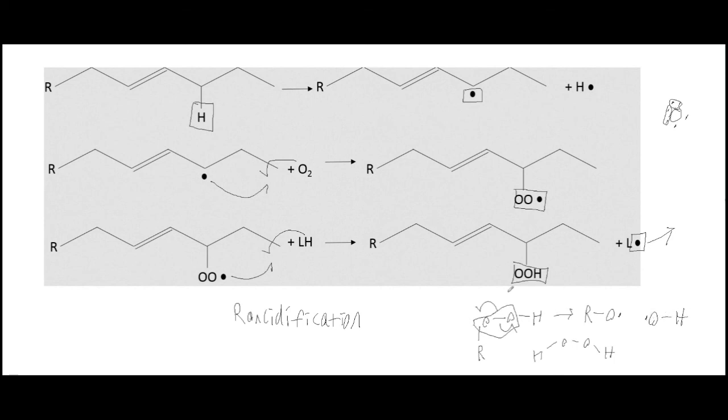So these peroxides can be pretty dangerous, and when you use hydrogen peroxide, you're actually using the dangerousness of it to kill bacteria, like if you get a wound or something. So that's what a peroxide is for.